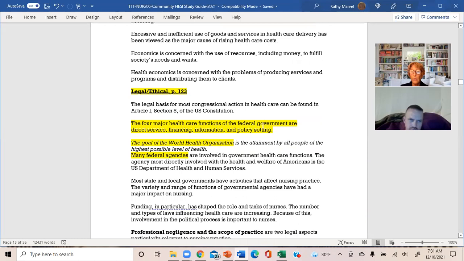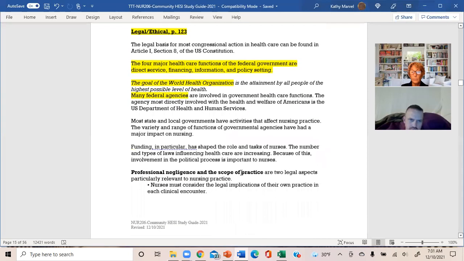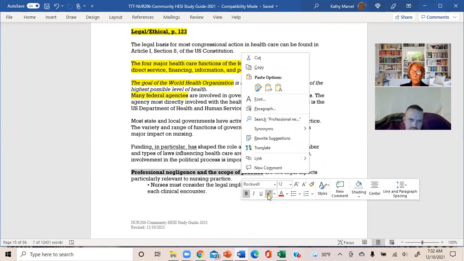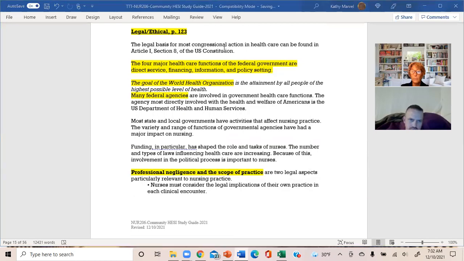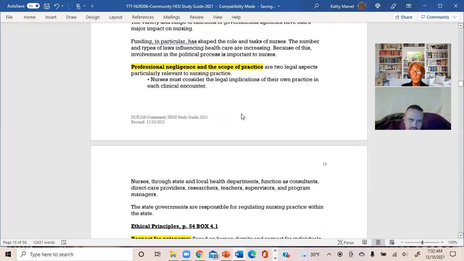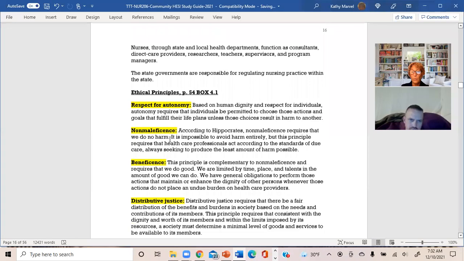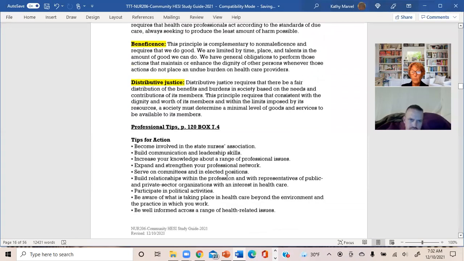Four major healthcare functions of the federal government: direct service, financing, information, and policy setting. And then we also talked about professional negligence, malpractice, as we're practicing. Here are your ethical principles you can review.